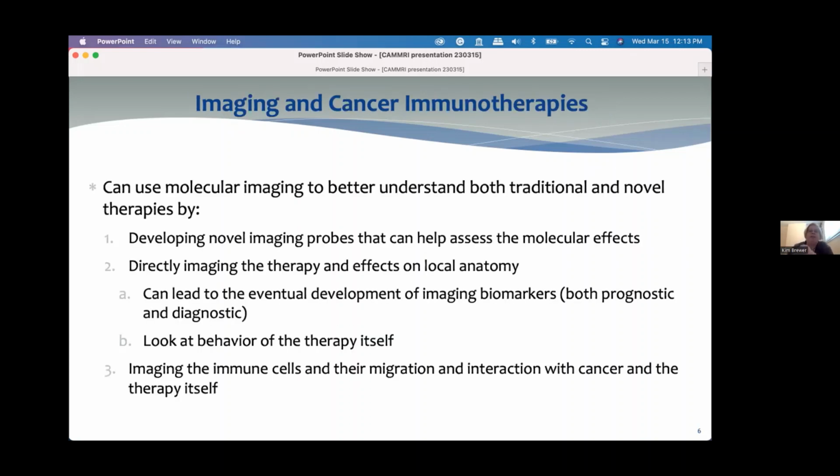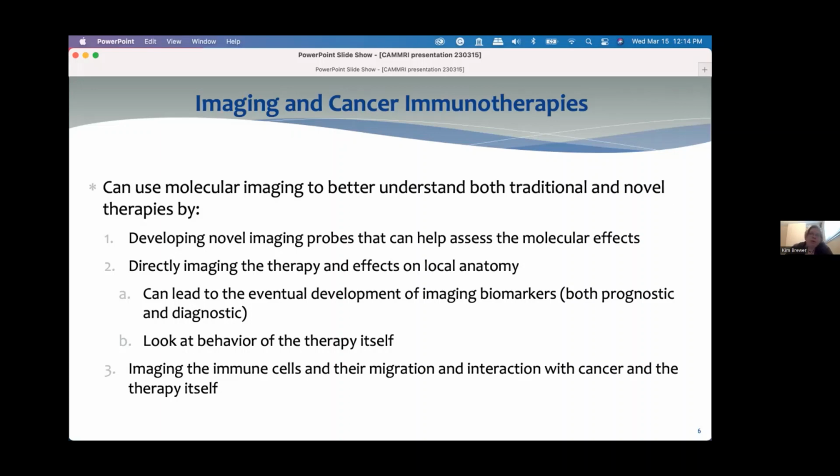So how can we use imaging to study these cancer immunotherapies? In our lab, there are about 3 different ways we study it. Obviously, there's a lot of other ways I'm not going to get into. So the 3, I would say, most common ways are, 1, to develop novel imaging probes.